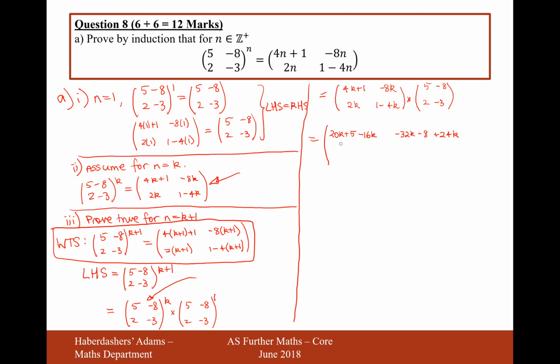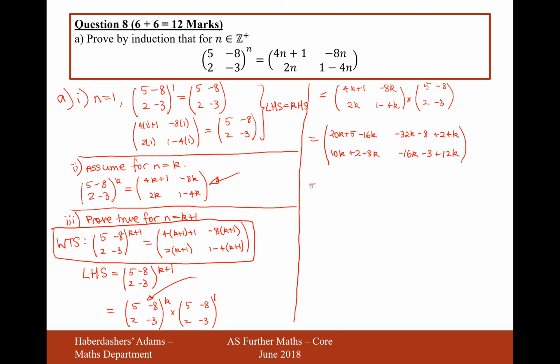Moving on to the bottom left now, it's going to be 10k, and then moving across and down, so it would be plus 2 minus 8k, and then the bottom right one, it's going to be 2k times minus 8, that's minus 16k, and then it's going to be minus 3 plus 12k.